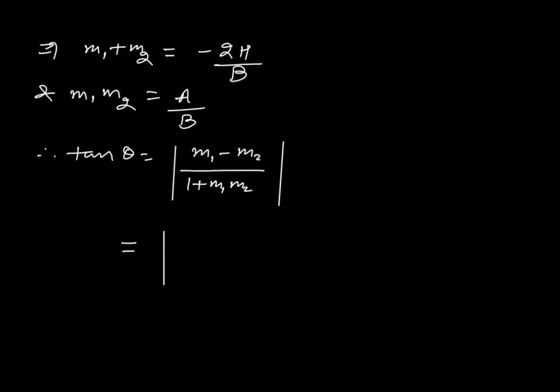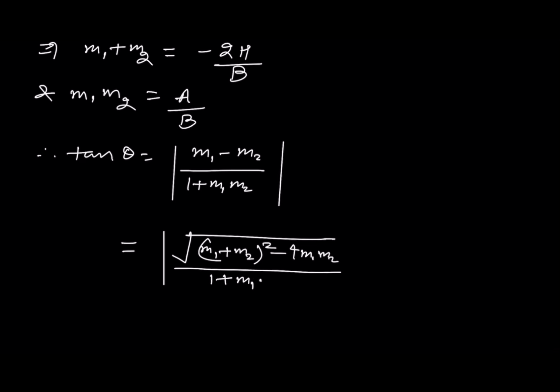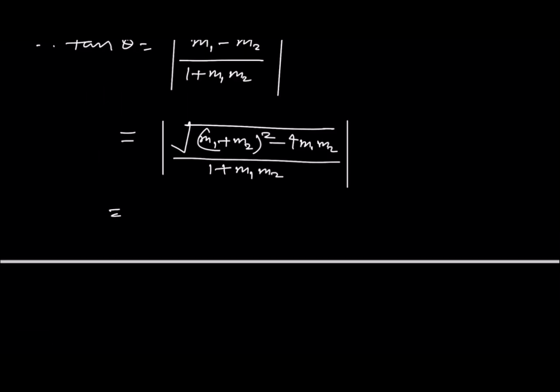So m1 minus m2 is nothing but root over m1 plus m2 whole square minus 4 m1 m2, on 1 plus m1 m2, right?